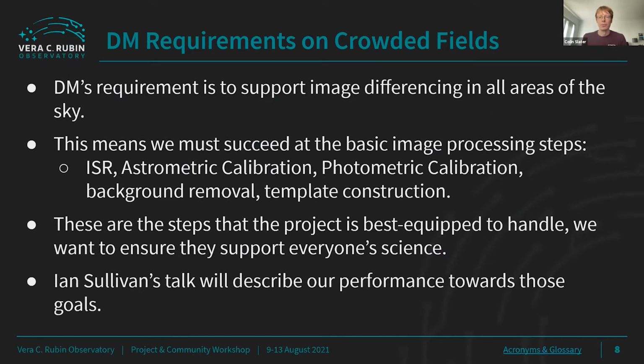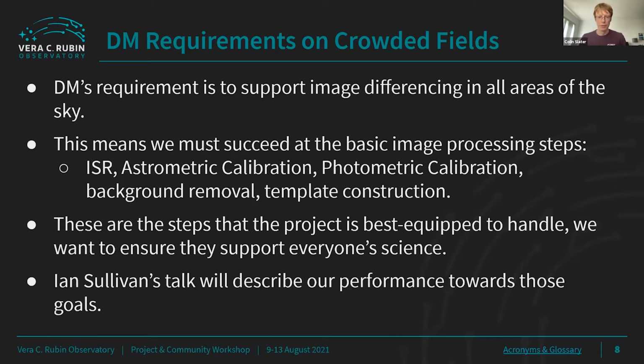This mostly stems from the observatory's really unique capabilities in terms of time domain science and our view that image differencing gives good access to that time domain science and variable and transient stars, both at low latitude and high latitude.